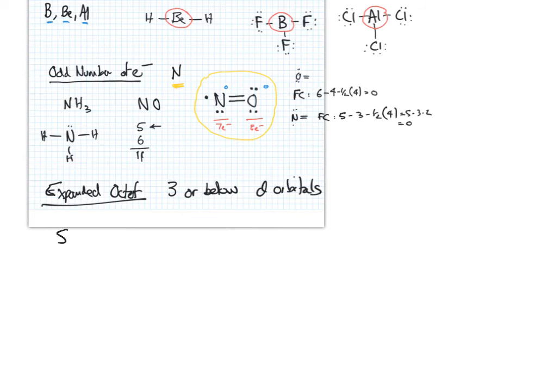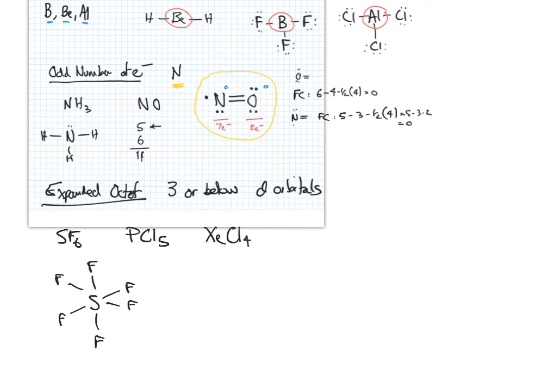So a couple of examples of this would be something like SF6, PCl5, xenon tetrachloride. So you notice all of these are in period 3 and below. And so SF6 looks something like this. You can count all the valence electrons and convince yourself this is correct.